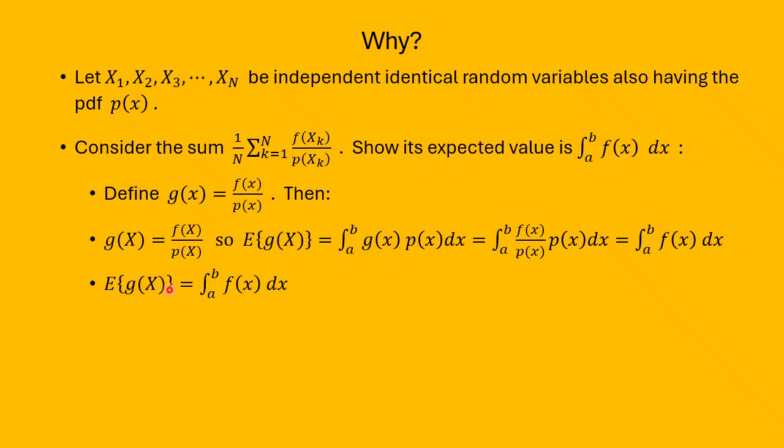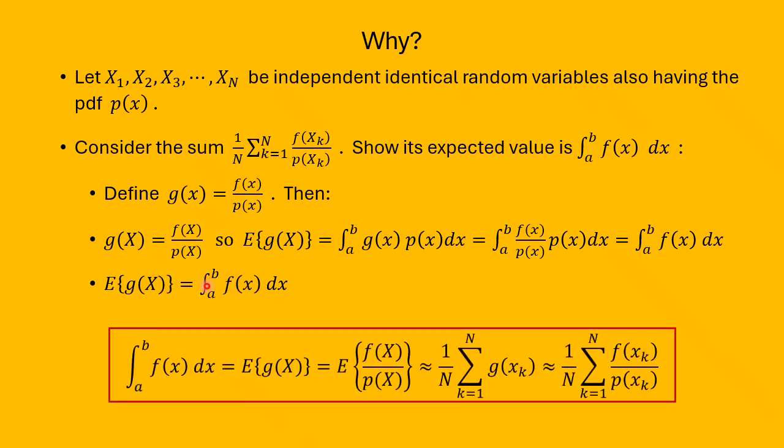So let's see what we can do with that. We have this expected value is the integral that we're after. Now let's put all this together. The integral from a to b of f of x dx is the expected value of g of X, which is the expected value of f of X over p of X, with capital X's being random variables. And this is approximately, by using our sample mean formula, 1 over capital N times the sum of g of x sub k, with k going from 1 to n.